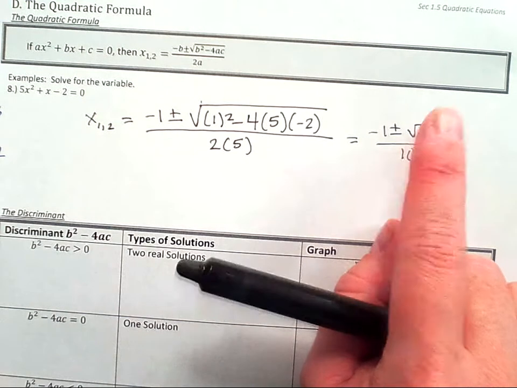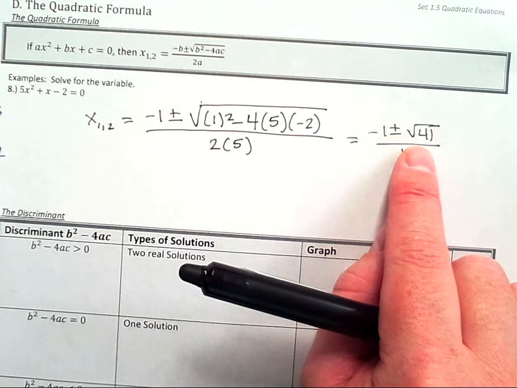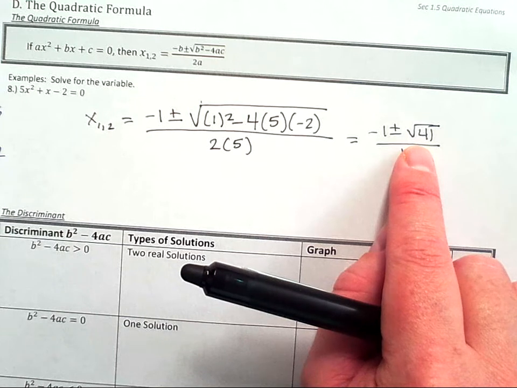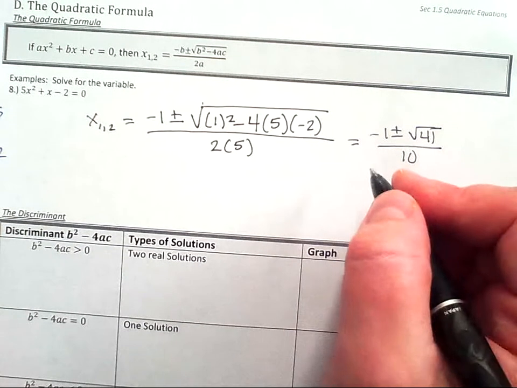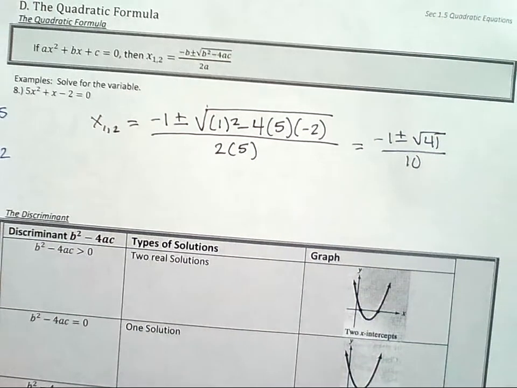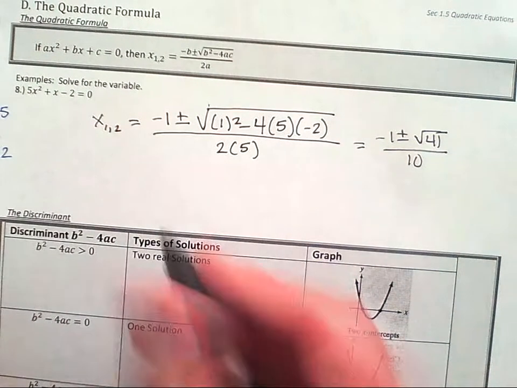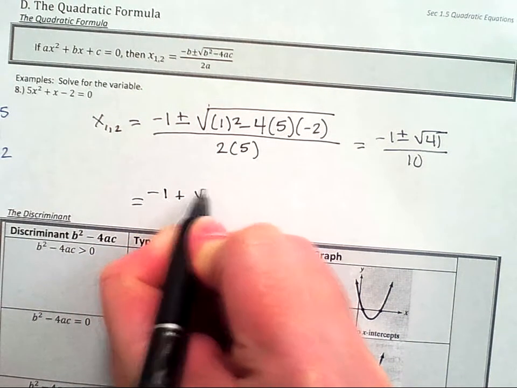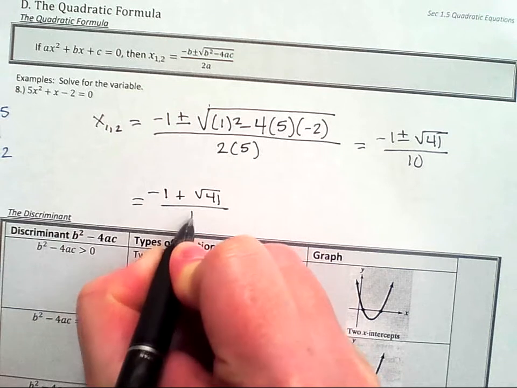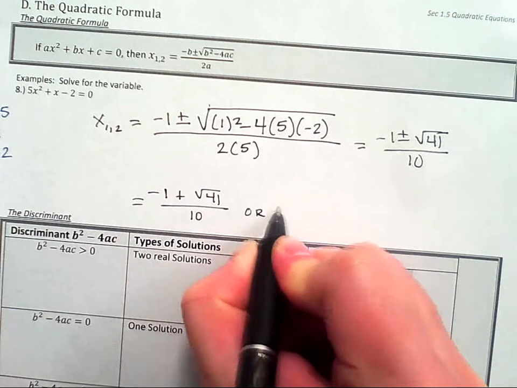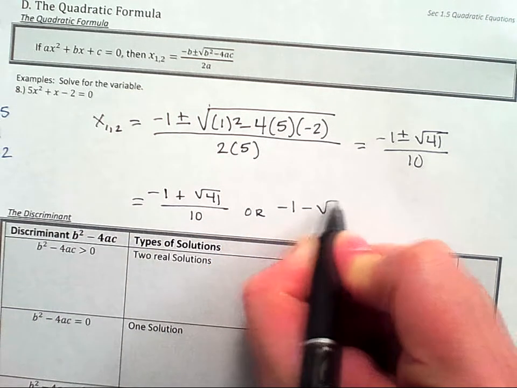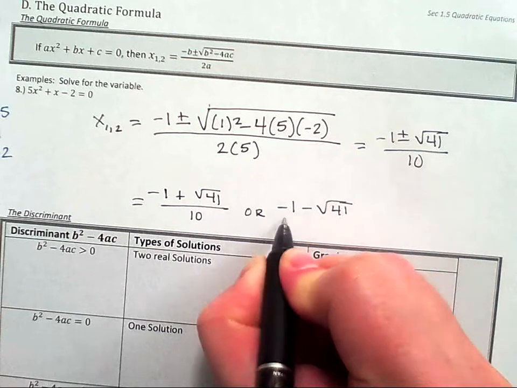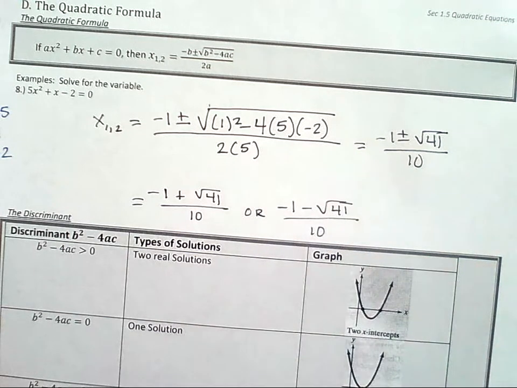The square root of 41 is prime, so I can't do anything with the square root of 41. That's just something ugly. So I get 2 answers from this, right? So I get negative 1 plus the square root of 41 over 10, or negative 1 minus the square root of 41 over 10. Those are both solutions, right?